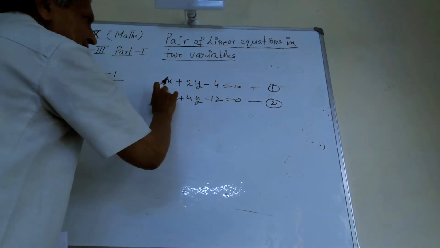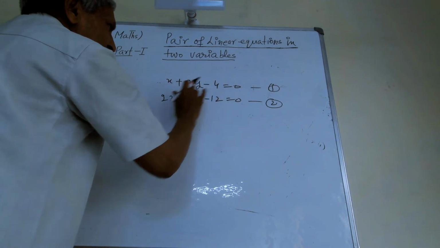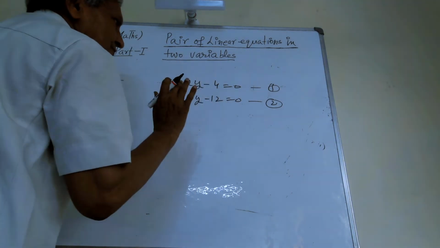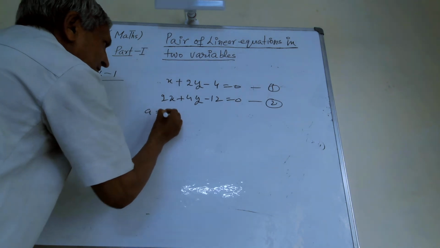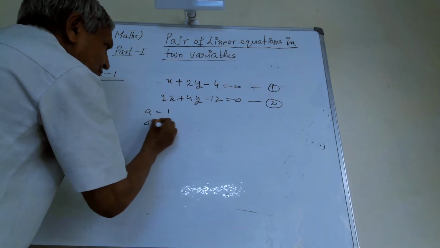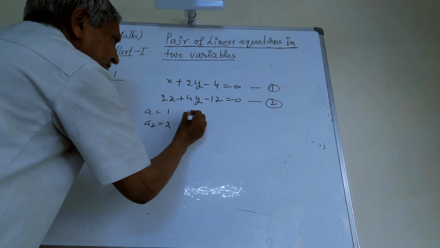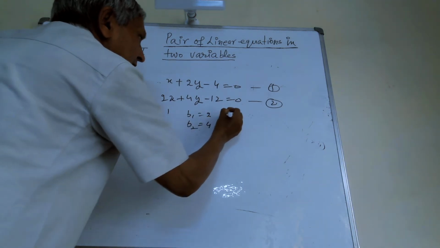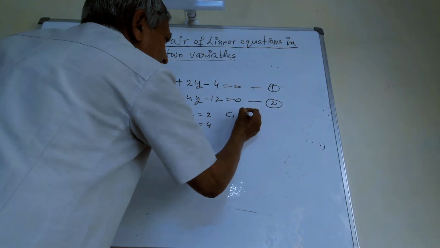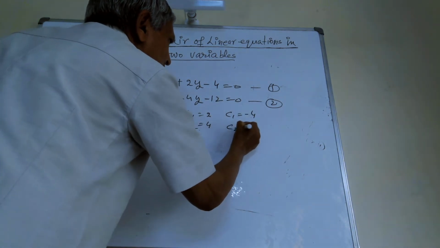The first equation is in standard form and the second equation is also in standard form. Now find out the values: a1 is equal to 1, a2 is equal to 2, b1 is equal to 2, b2 is equal to 4, c1 is equal to minus 4, and c2 is equal to minus 12.